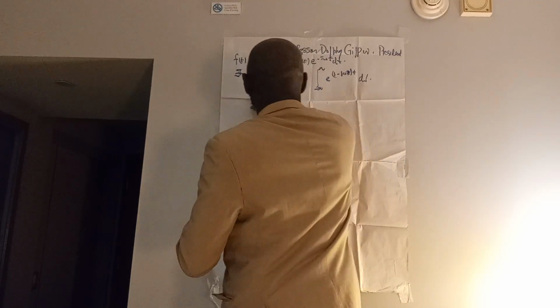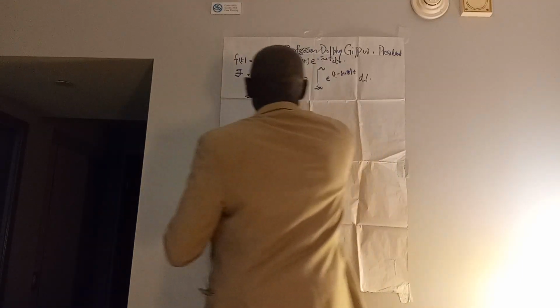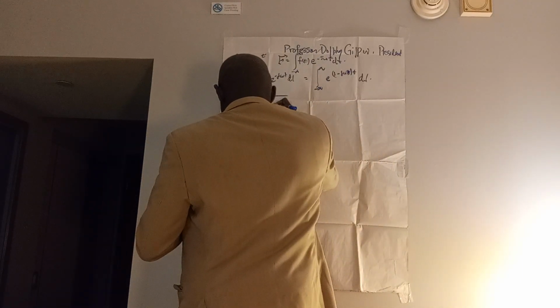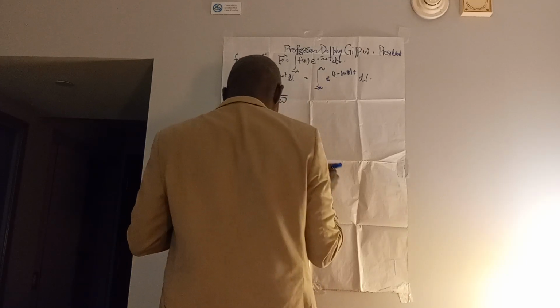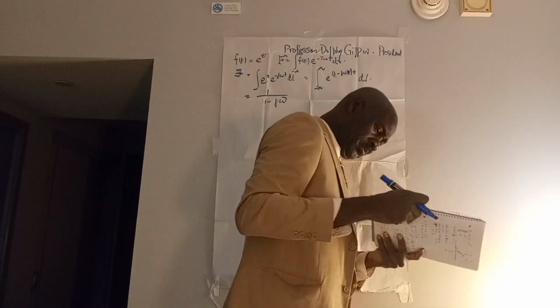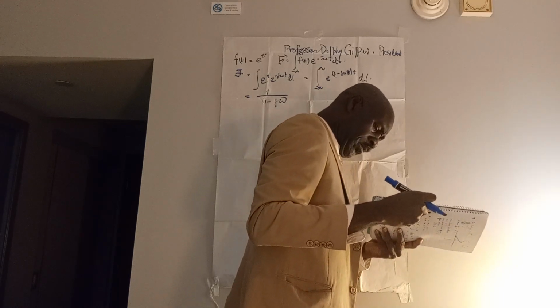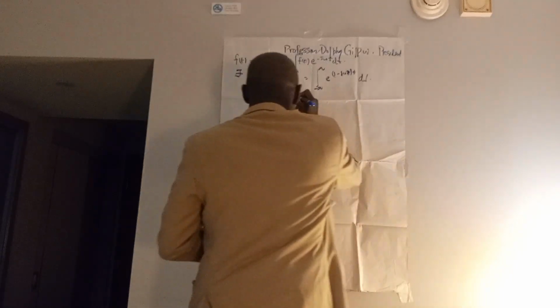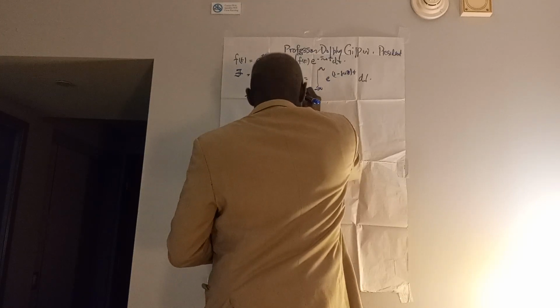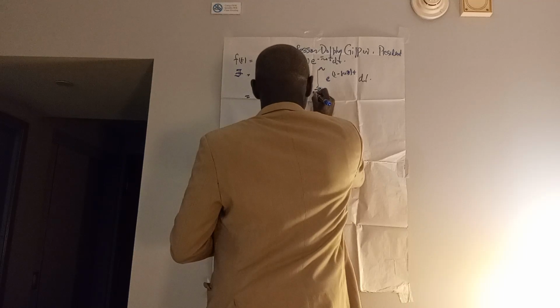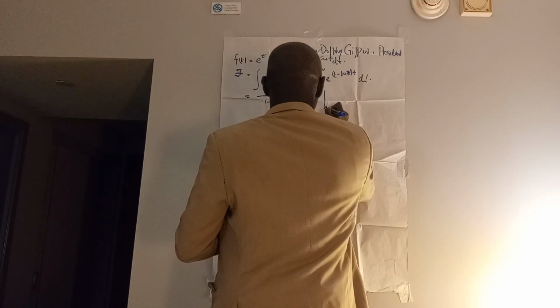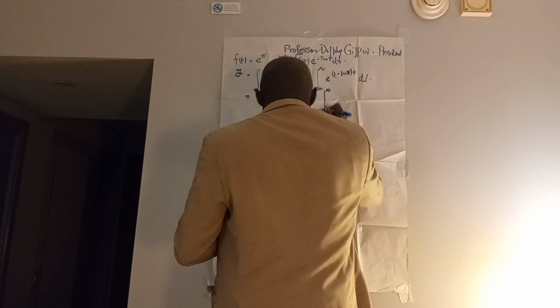And that's equal now to 1 over 1 minus j omega, e to the 1 minus j omega t.